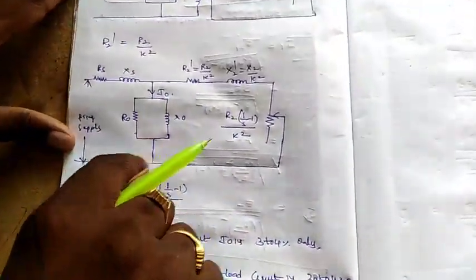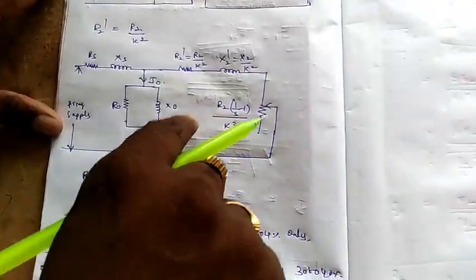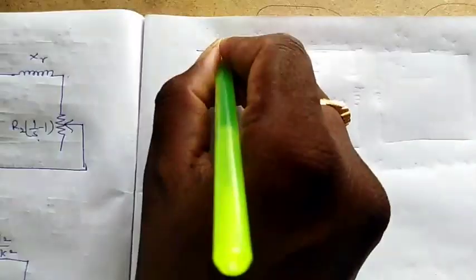So that's why we cannot neglect this shunt branch. So replace that R2 (1/S minus 1) divided by K square with RL dash. Redraw the circuit.